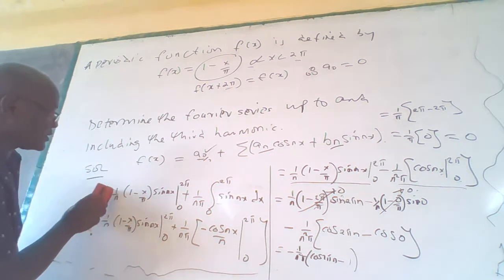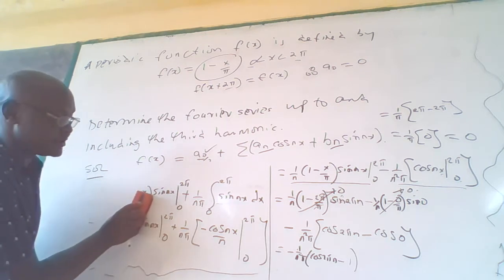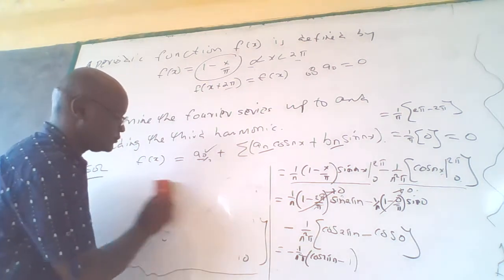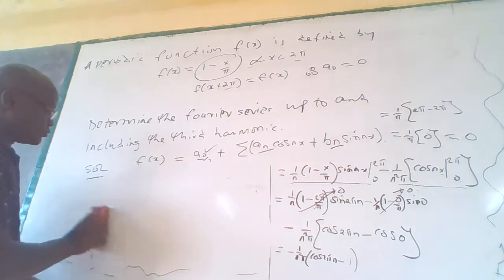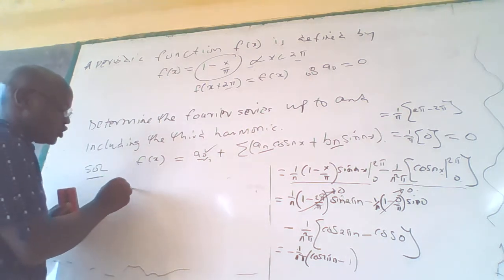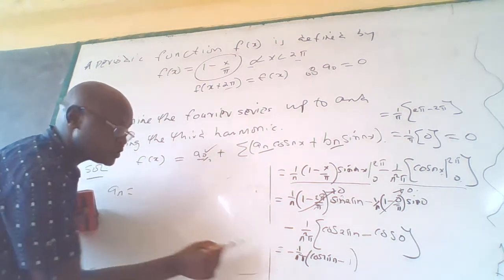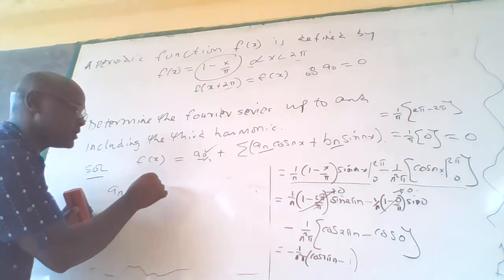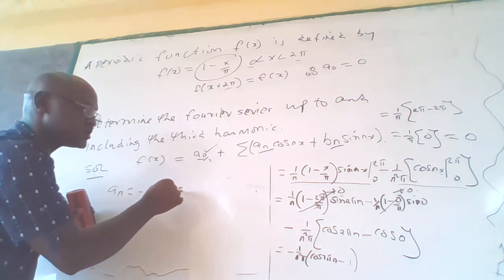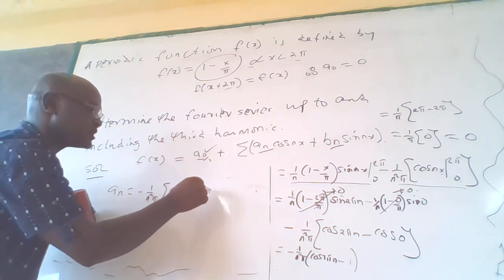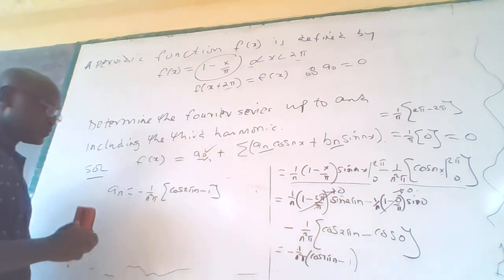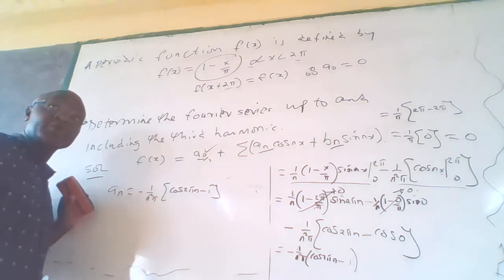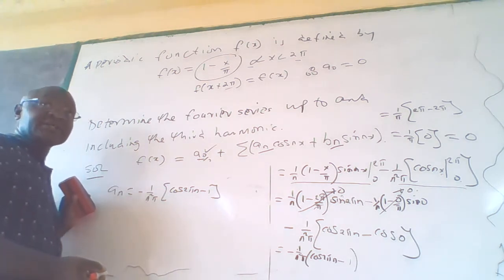So we can rewrite this again. So we are saying that our an equals to minus 1 over n squared pi into cos 2 pi n minus 1. So at this point we test for odd and even.